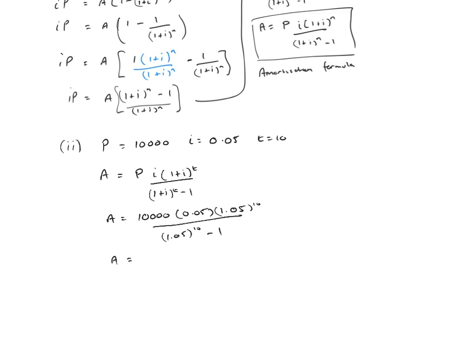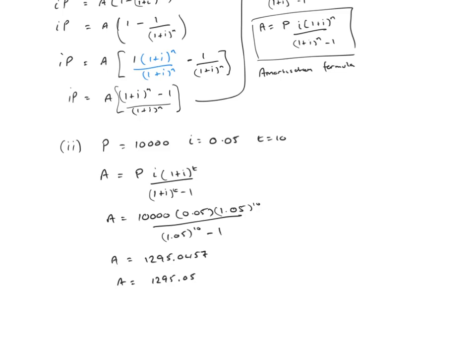And in this particular one, A is equal to 1295.0457, and we always write it to 2 decimal places because it's money. So this one is 1295.05.